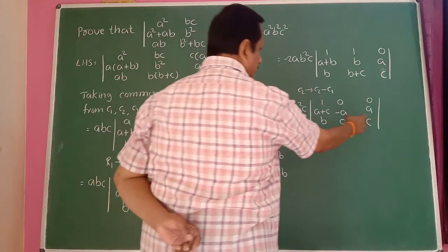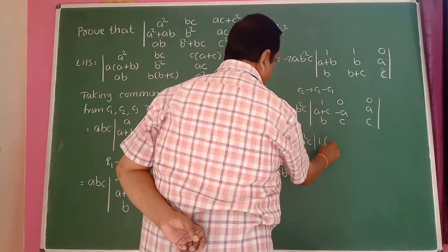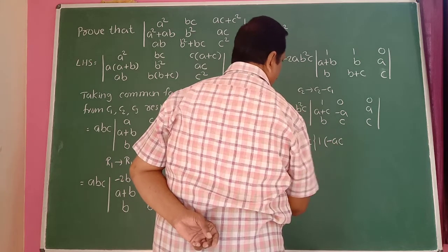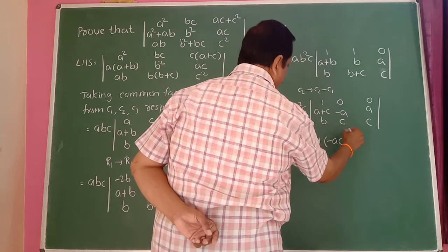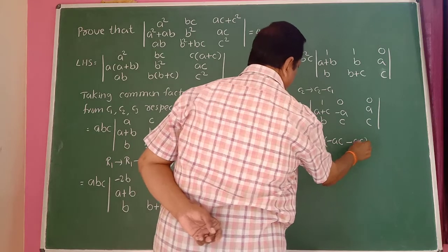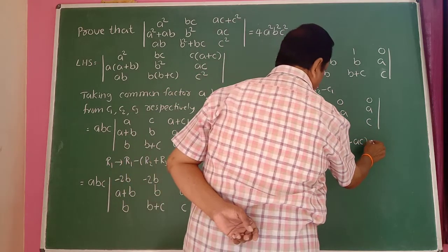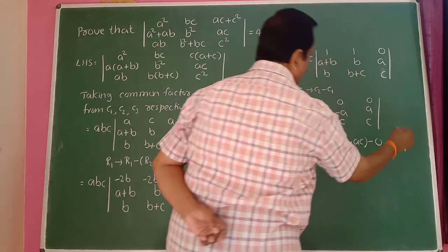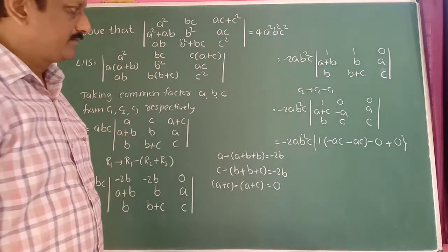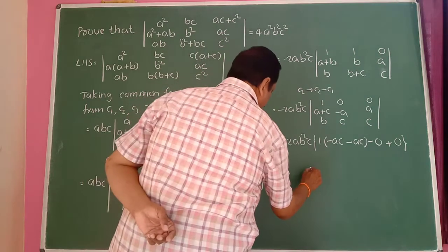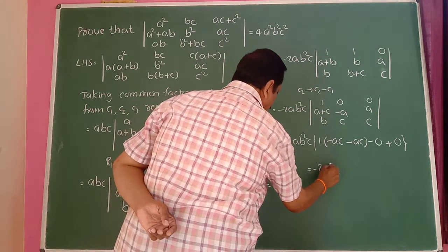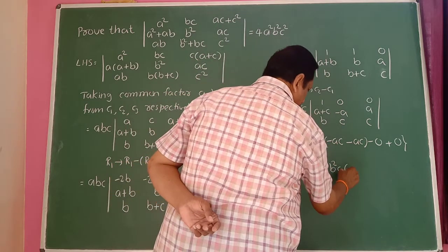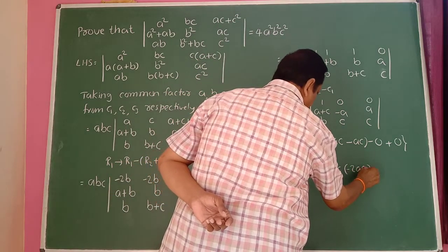And expand this determinant here. So 1 into bracket minus A into C becomes minus of AC, minus of A into C becomes AC. Next term is 0. 0 into any term is 0. Even the next term is also 0. 0 into any term is 0. Hence this is equal to minus of 2 A B square C, minus AC gives minus of 2 AC.